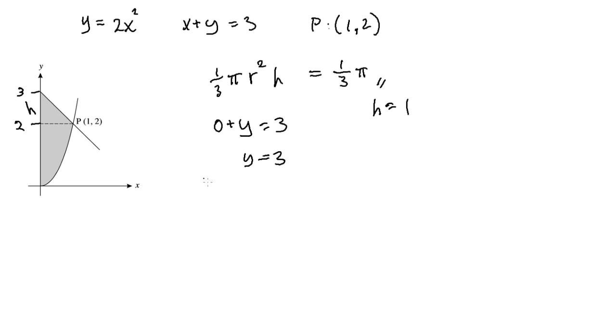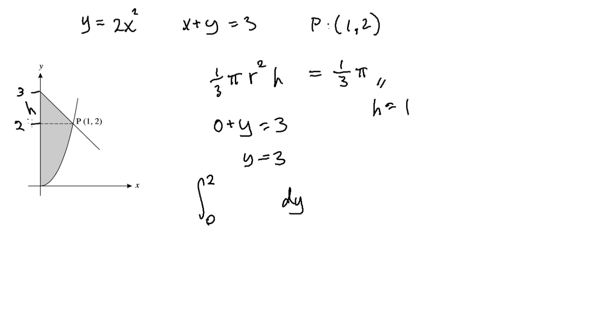Now we need to do the volume of revolution between 2 and 0 for 2x squared dy. When you are doing a rotation about the y-axis, it is a dy integration with the limits on the y-axis.